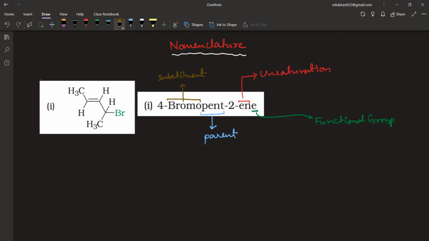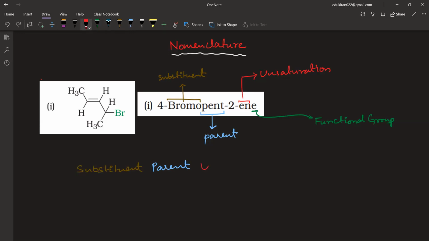Now, each and every IUPAC name will have these 4 components. What are those 4 components? You will be having substituent, then you will be having a parent. इसी sequence में होगा बिल्कुल सब कुछ, ठीक है? In this sequence only, you will have a parent. Then you will be having unsaturation.